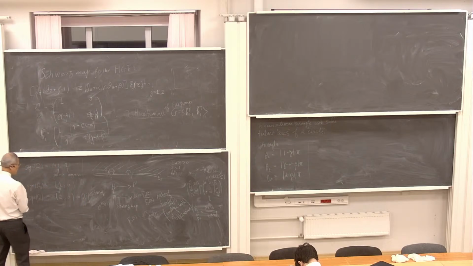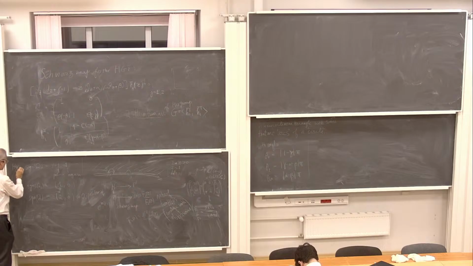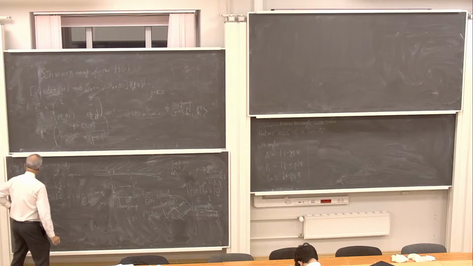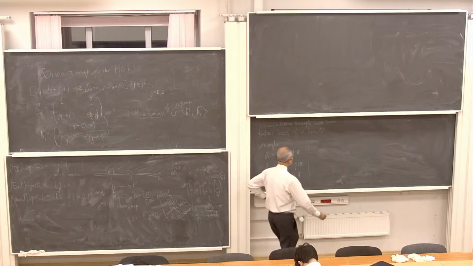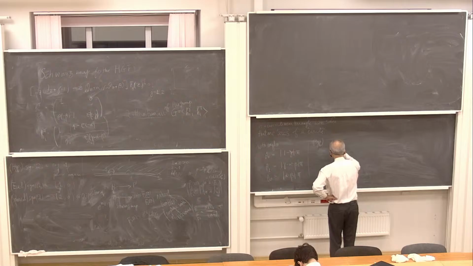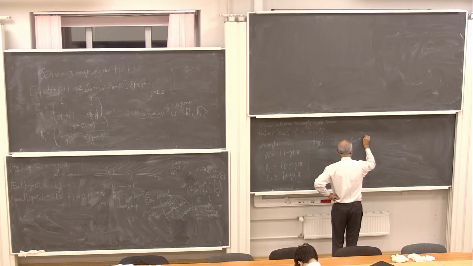So let me call the first case the hyperbolic case. The second, the Euclidean case. The third, the spherical case. In the hyperbolic case, this is strictly smaller than 1.